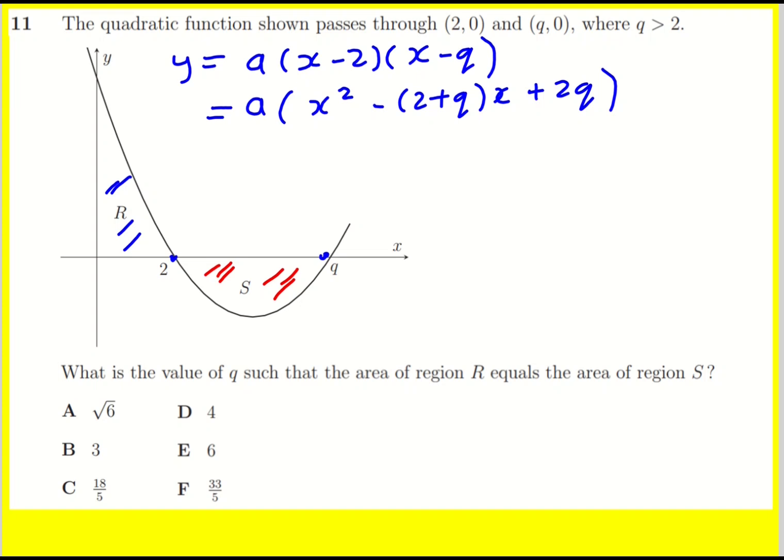Right, now I want the area for R. And that is going to be the integral of this between 0 and 2. The reason I left a out, actually, is that I can now just take it out of the whole integral because it's just a constant.